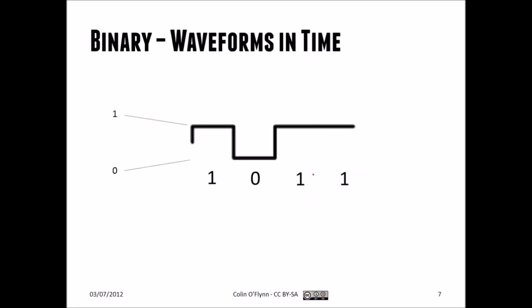One thing that you should be able to read into this is how we deal with binary waveforms in time. So you're probably used to seeing a sine wave moving in time along that axis and the value along this axis. But instead with binary, it's only 2 possible states, 1 and 0. So again, we have time going this way.